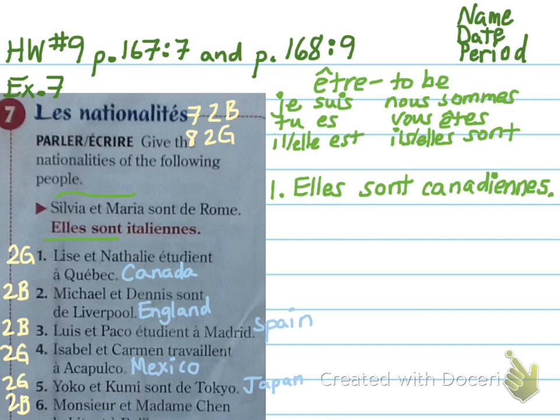Number 6, Monsieur, they're from Beijing, which is in China. Number 7, Genève, which is in Switzerland. And number 8, Paris, which is in France. So you're writing out sentences like the example that I wrote, the Elles sont Canadiennes, for the 8 of these.